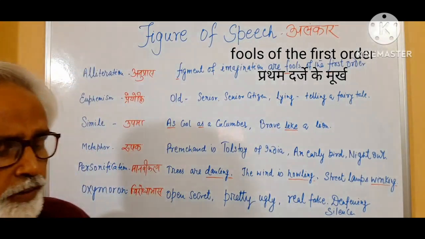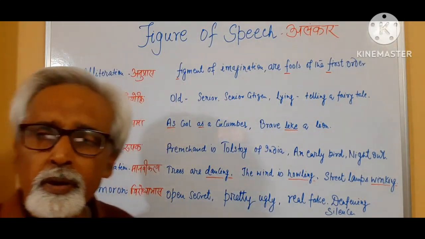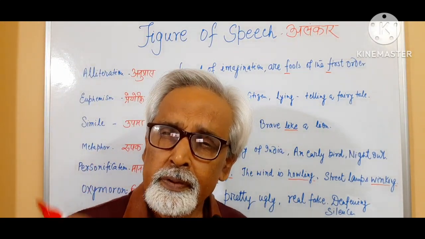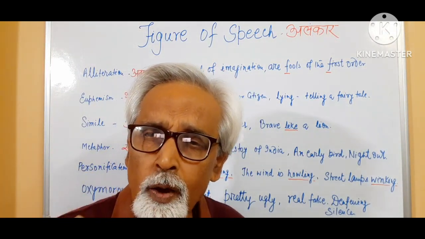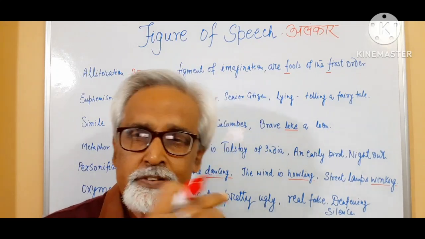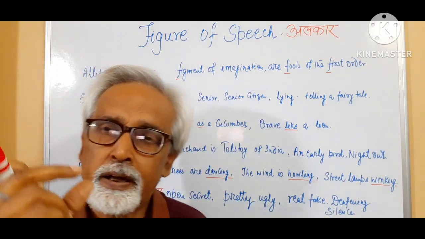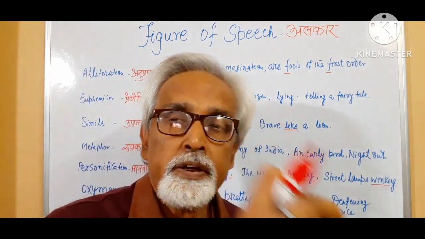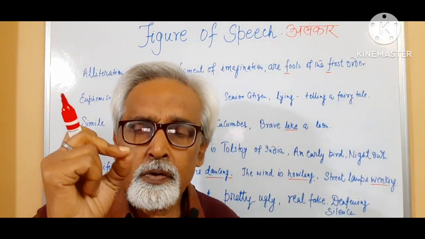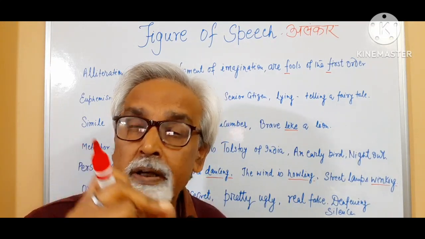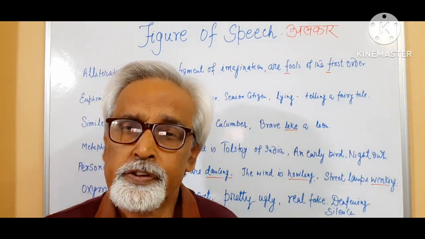Some other examples also. Garima. Hi Garima. This grey gown goes well on you. In this example, you see how the letter G has been repeatedly used as the initial consonant letter in many words.